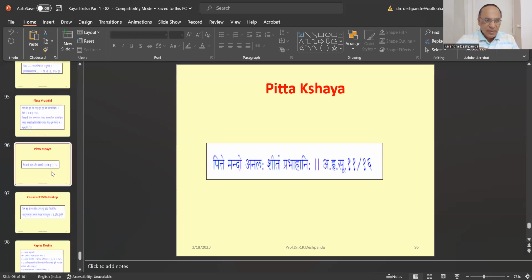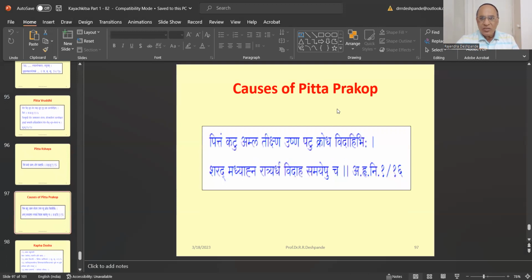I will go further. Let us see what is there. Yes, causes of Pitta Prakop. Why does the Pitta Prakop take place? Because of your faulty diet and faulty lifestyle. For example, Pittam Katu Amla Tikshna. If the person has the eating habit of lots of spices all the time, vada pav and green chilies, taking the chilies, that is very dangerous.